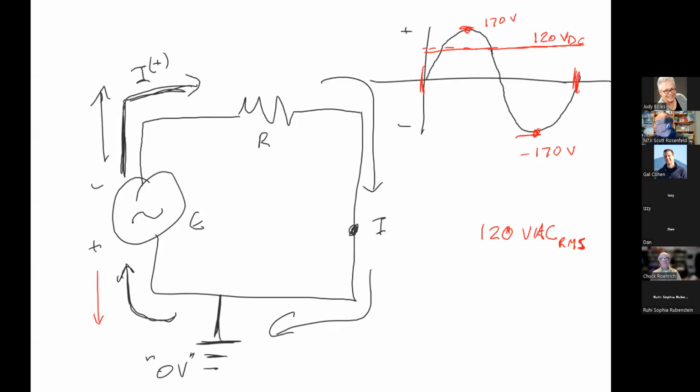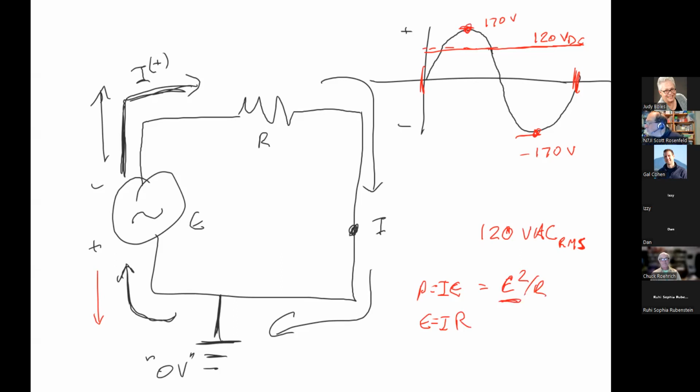We can go through and say P equals I times E, and then E equals I times R, and we could substitute a bunch of things in, and we could say power is equal to E squared divided by R, which it actually is. So it turns out that the power is actually proportional to the square of the voltage.